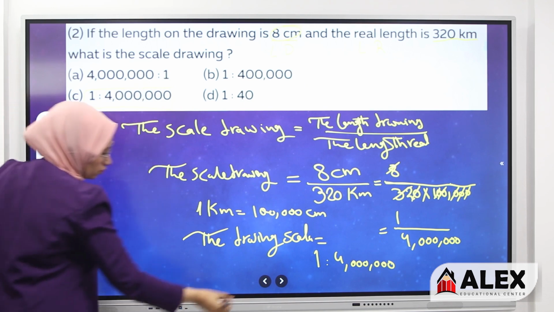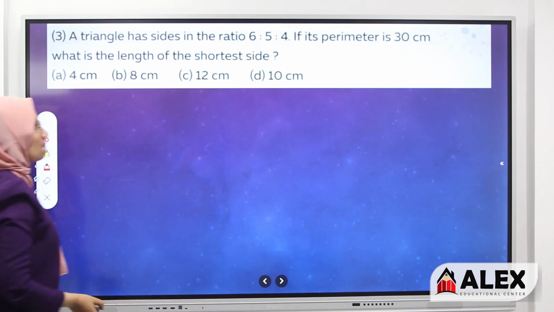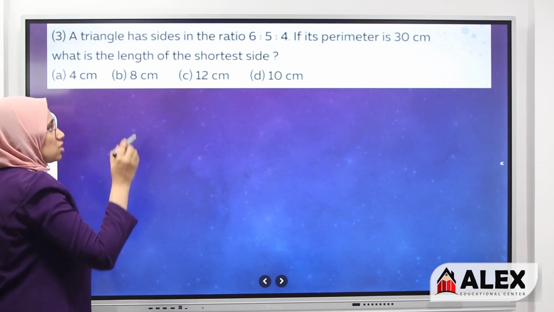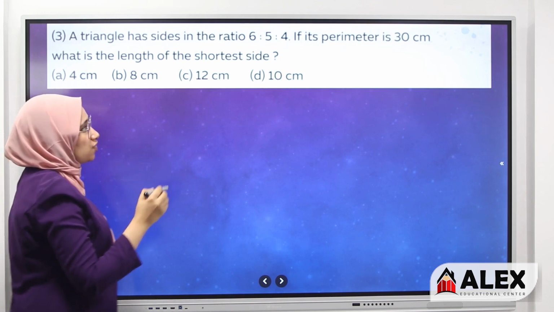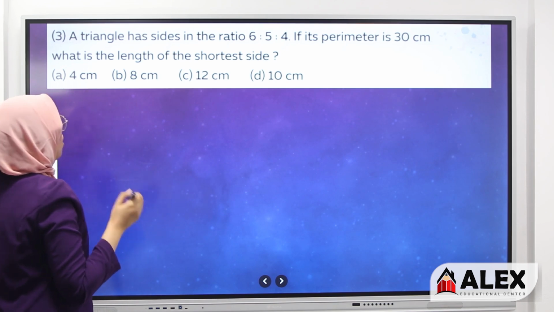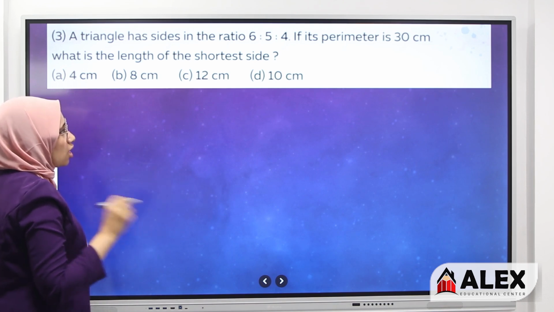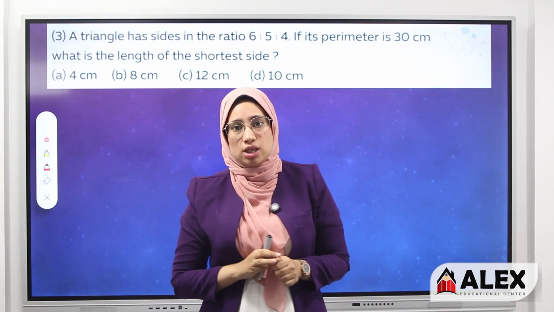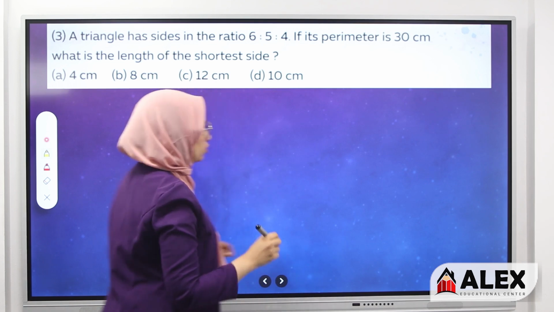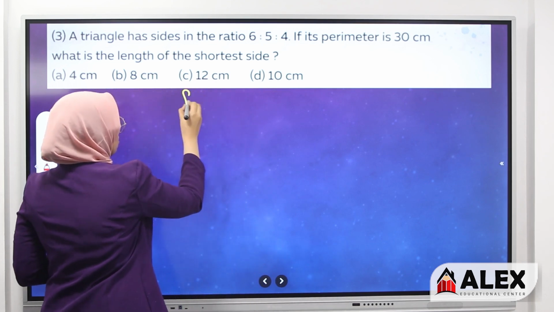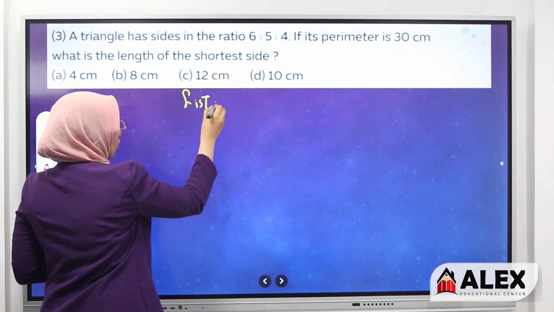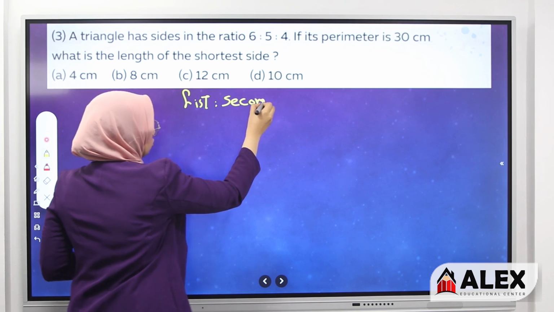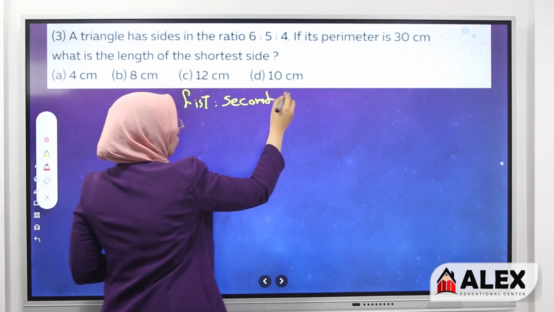The next question, number 3. A triangle has sides in the ratio 6 to 5 to 4. If its perimeter is 30 centimeters, what is the length of the shortest side? We have the ratio of 3 sides: first side to second to third.